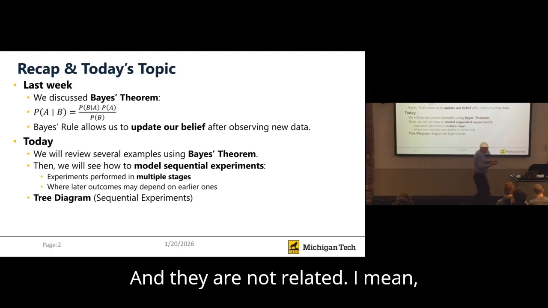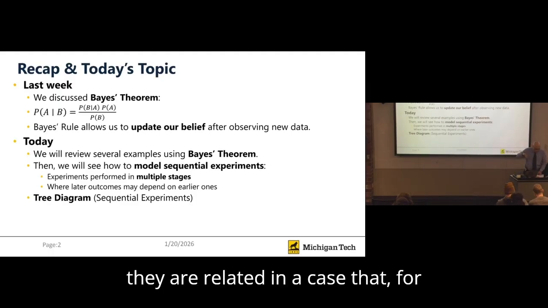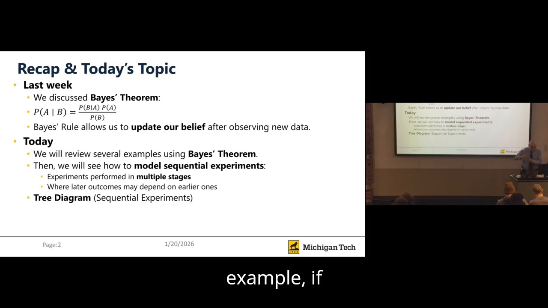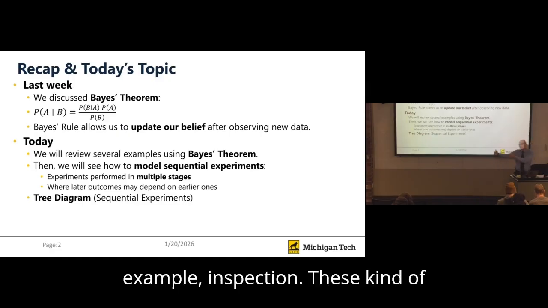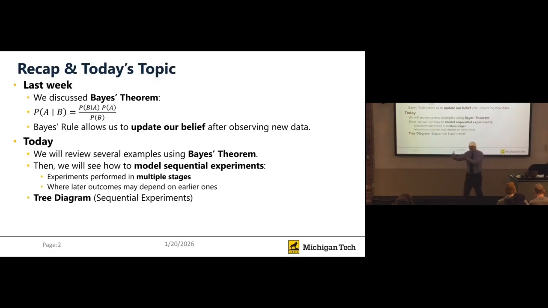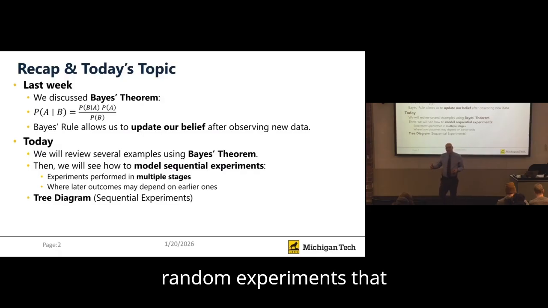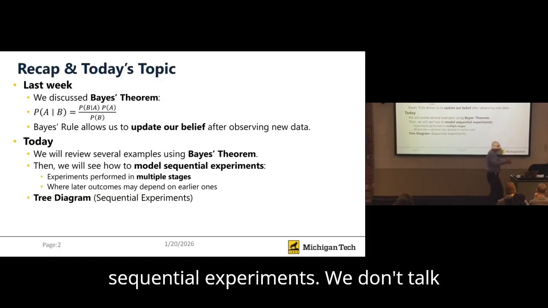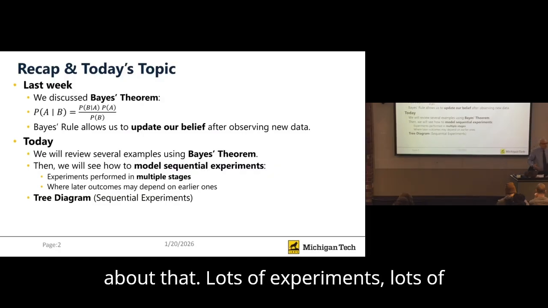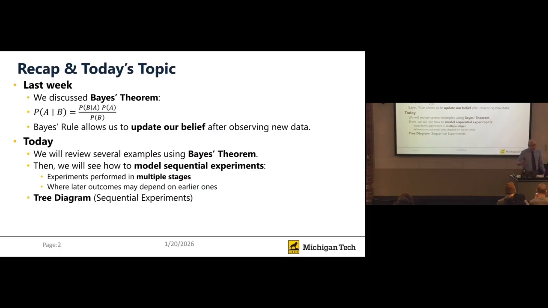And they are not related. I mean, they are related in a case that, for example, if one tool passes testing, it has more possibility to also pass inspection. These kind of random experiments that depend on each other are called sequential experiments. We're going to talk about that today. Lots of actual practical applications for these topics.